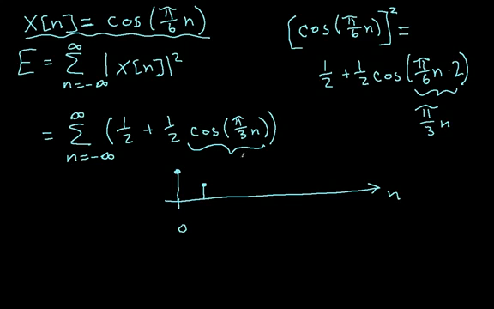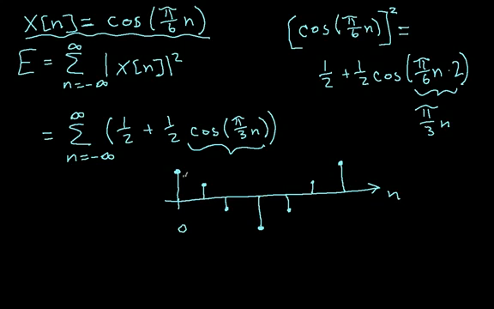When n is 2, I have the cosine of 2 pi over 3, which turns out to be the negative of this guy. And when n is 3, I have the cosine of pi, which is the negative of this guy. And then when n is 4, I get the cosine of 4/3 pi. When n is 5, the cosine of 5/3 pi.